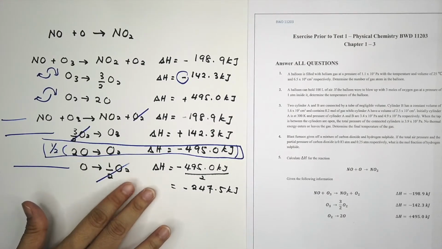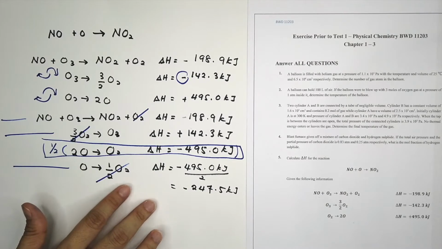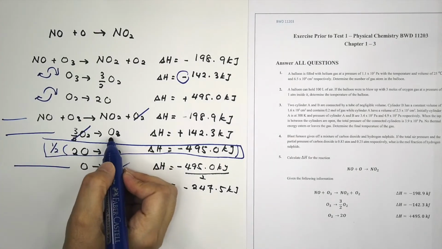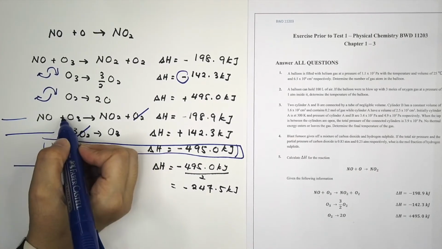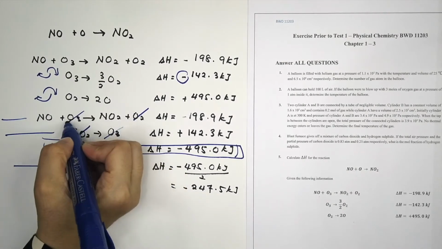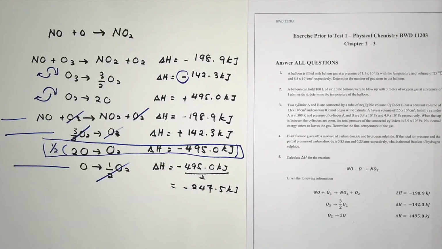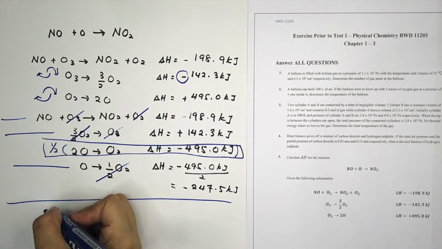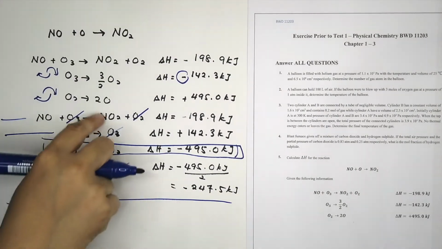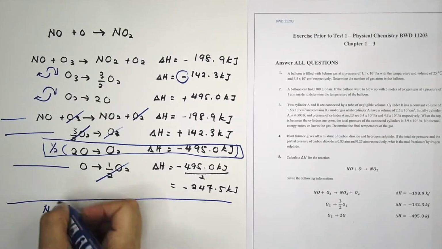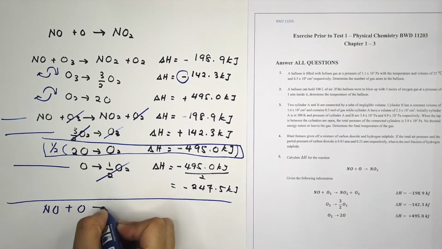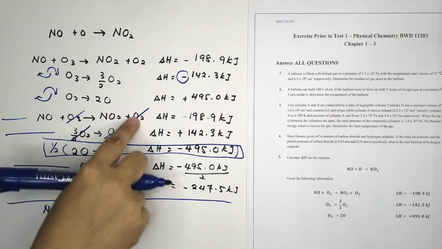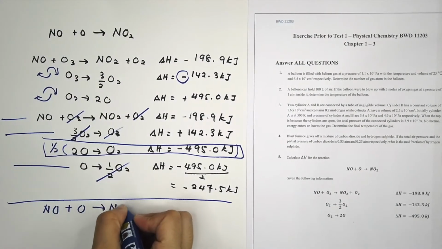What else we don't need is the O3. We have O3 at the product and we have O3 at the reactant, so we can slash that one out too. Therefore, we will end up having only NO plus O, which will produce nothing else except the NO2.